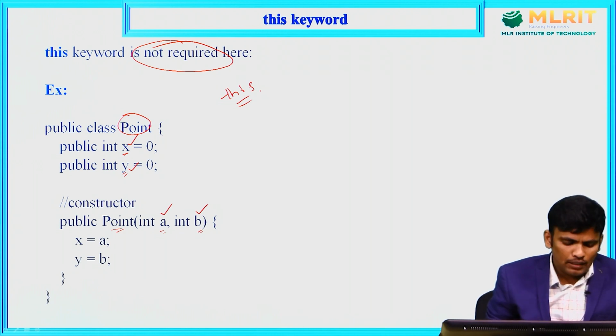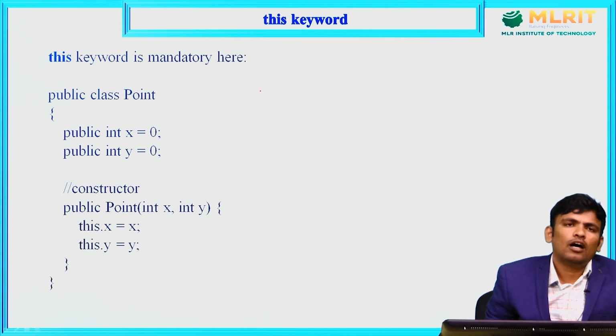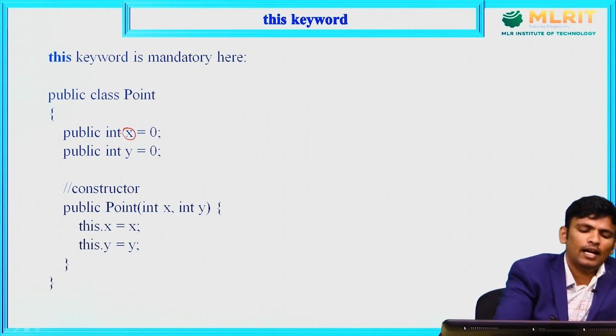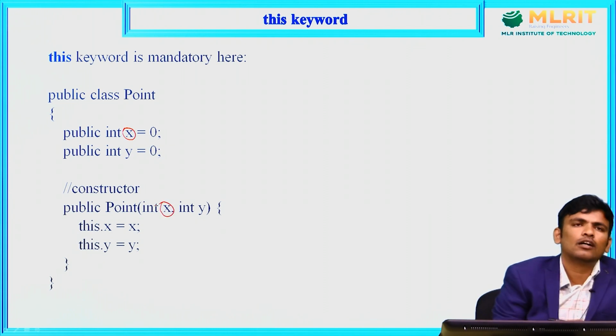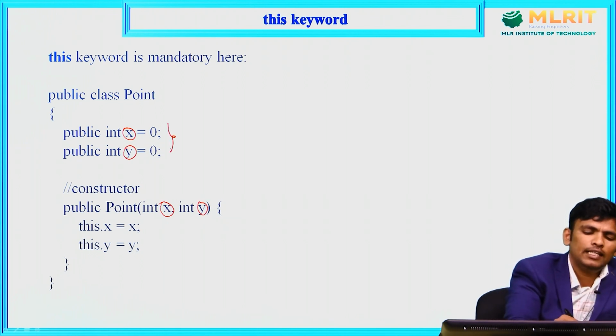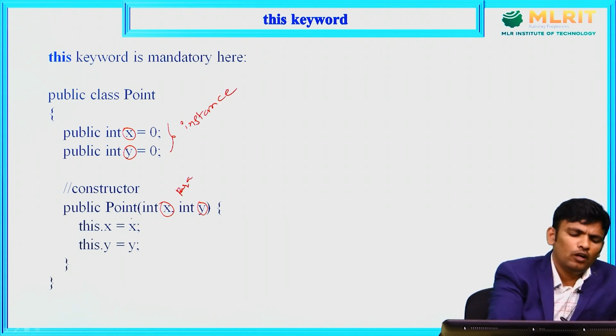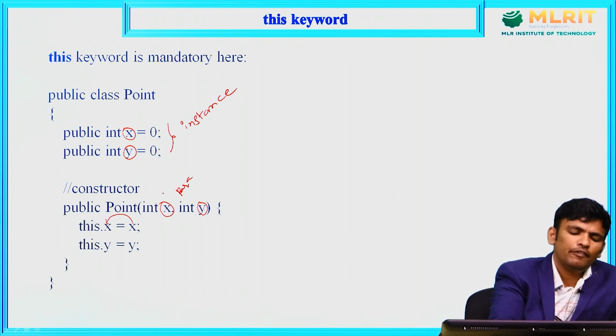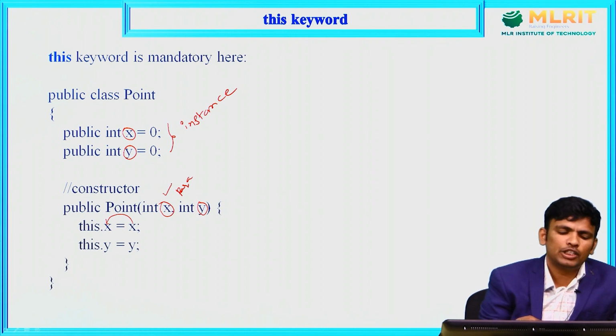But if both the variables are the same, and you observe that the x variable is there and exactly the same x variable is in the method parameters, and the y variable is there and the same y variable is in the parameters, where these are the instance variables, and you assign x to x without using this, then only the local parameters get initialized, but the instance variables never get initialized.